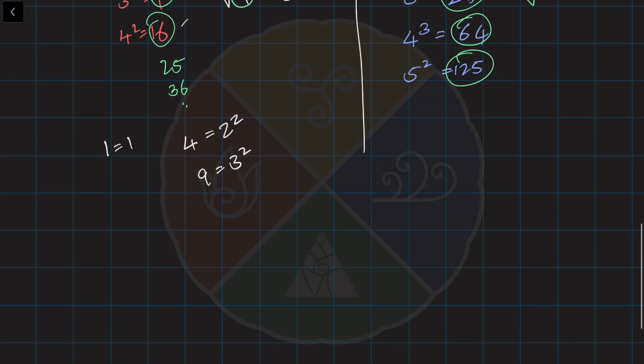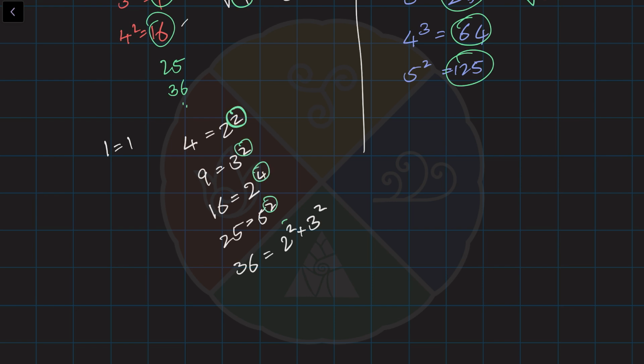Next one is 16, that is 2 raised to 4. Next one is 25, that is 5 square. Next one is 36, 2 square into 3 square. Once you prime factorize these numbers, if all the powers are multiples of 2, then such numbers are known as perfect squares.